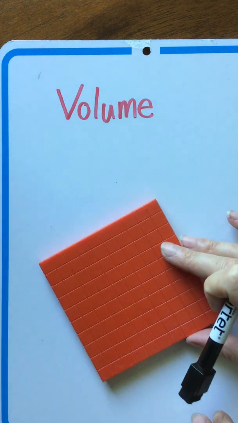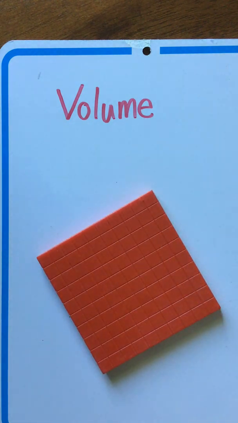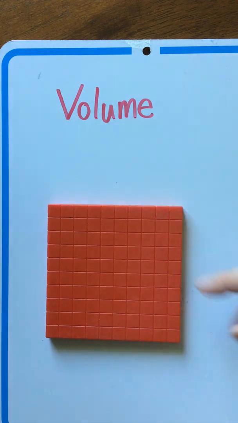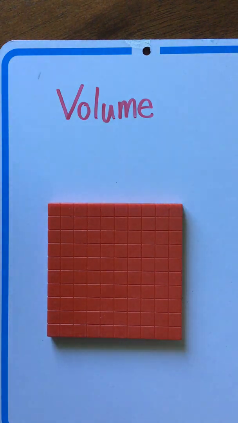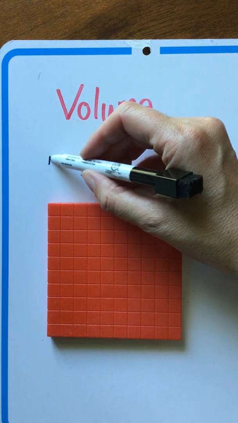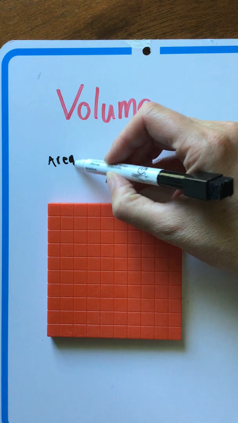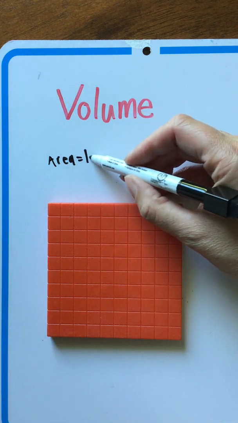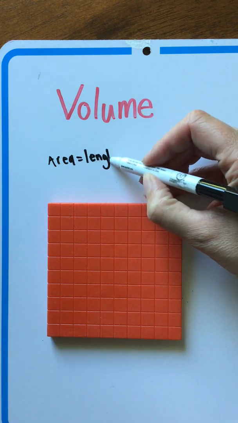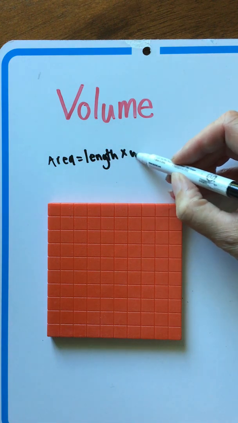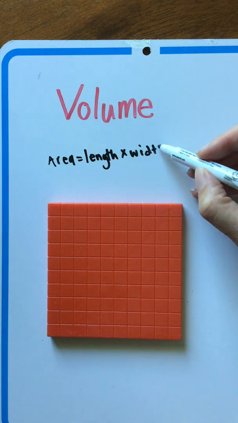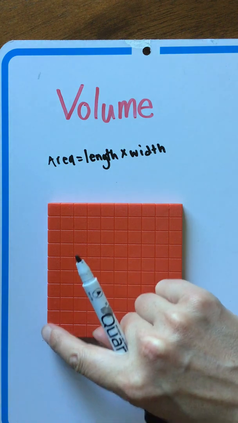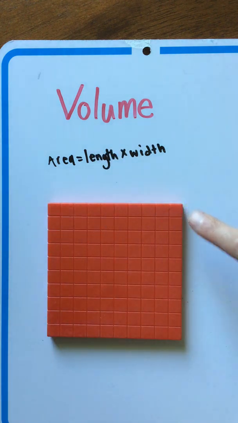Okay, now if I was asked for the area of the top of this guy, then you would know area is equal to the length times the width, right? So it'd be 10 times 10.